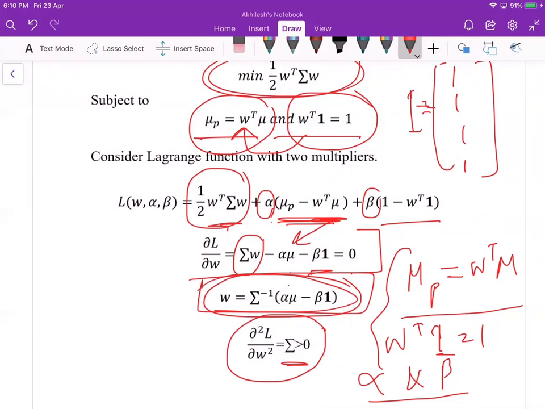In a future lecture, I will also show you the Python implementation of how you can actually do this. Okay, all the portfolio mean variance frontier optimization, etc., I will show you with the help of Python.